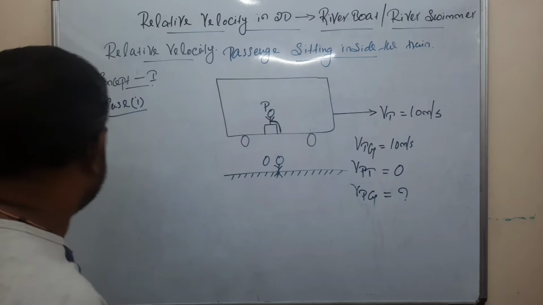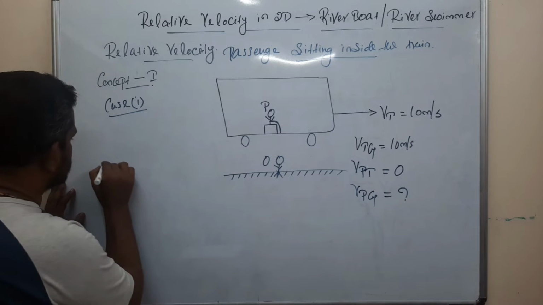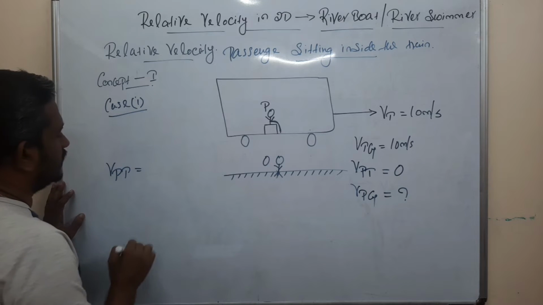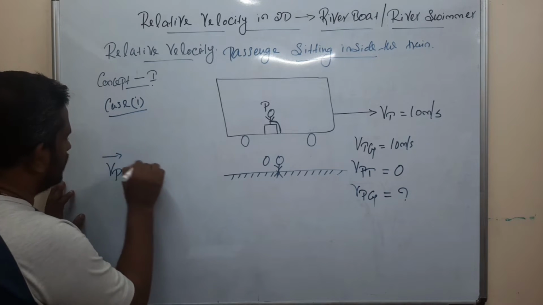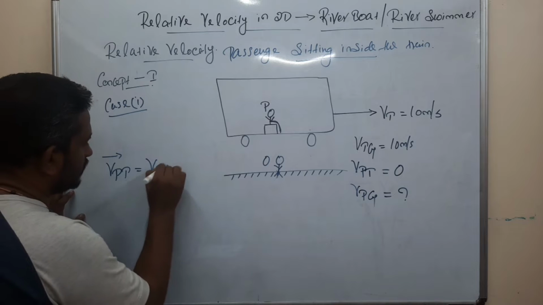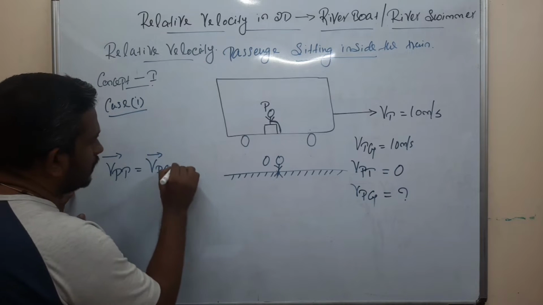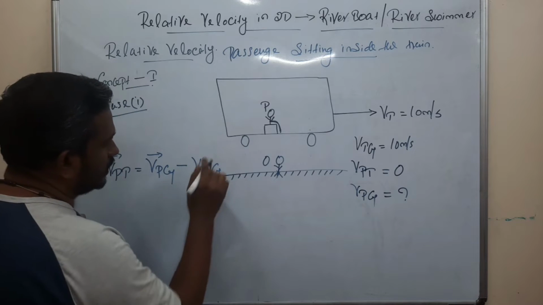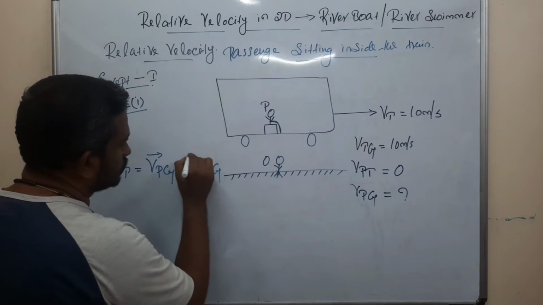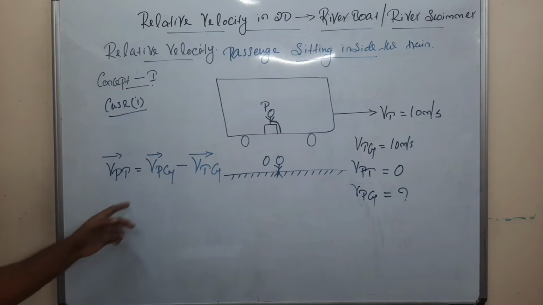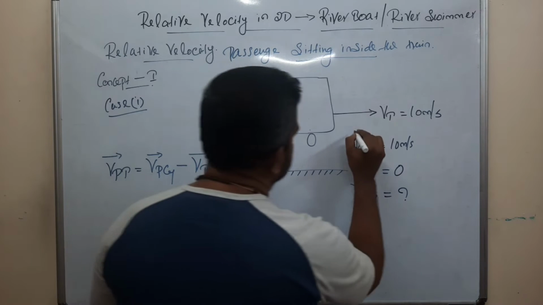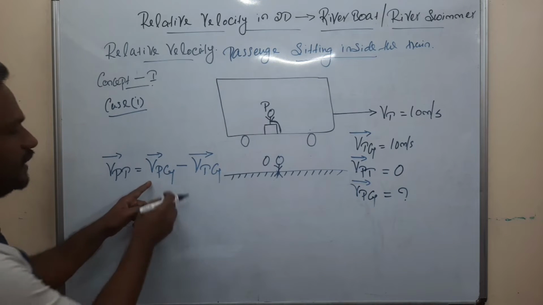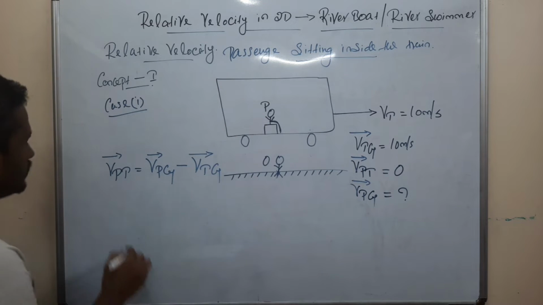The relative velocity formula: the velocity of the passenger with respect to the train is equal to the velocity of the passenger with respect to the ground minus the velocity of the train with respect to the ground.